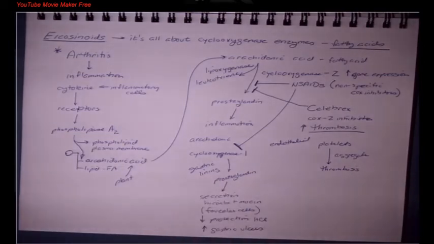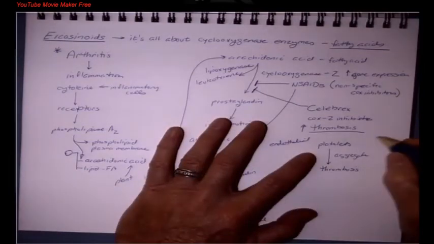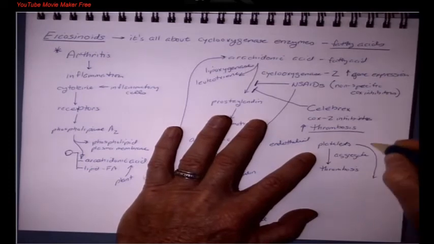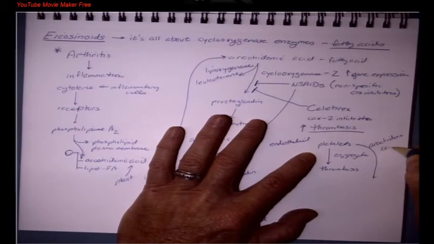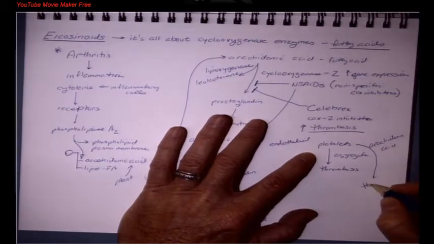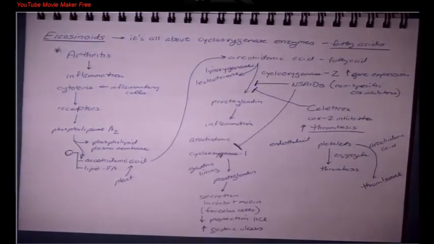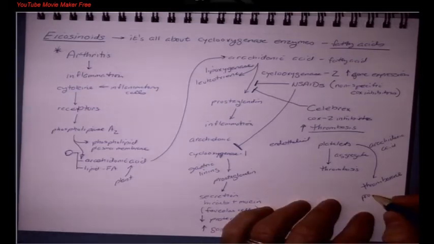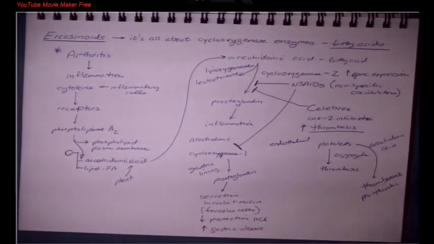Now, what platelets make so that they can cause this aggregation is that they will convert arachidonic acid into thromboxane. And so the thromboxanes are pro-thrombotic mediators.